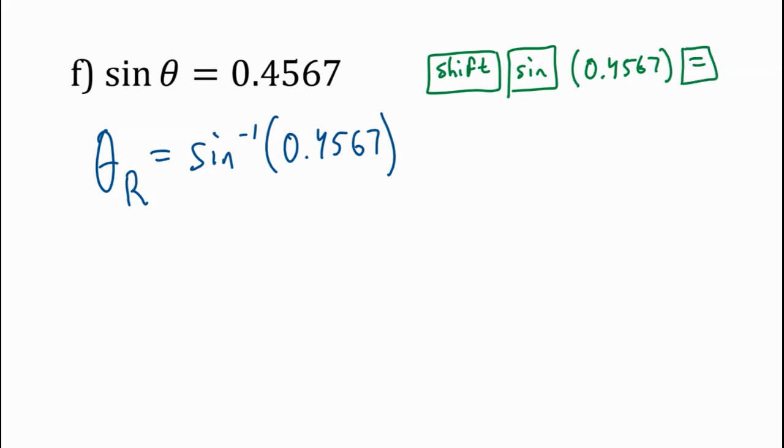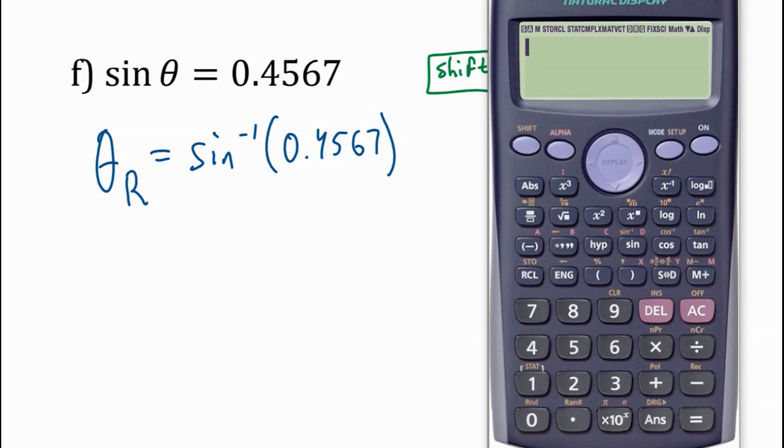But you got to know how to do it on your calculator. Sometimes it says shift, sometimes it says second function. I hope everybody knows that's the same thing. Shift, sine 0.4567. And you should get that. And if you don't, maybe you're not in radian mode. And I'm going to round that to 4 decimal places.